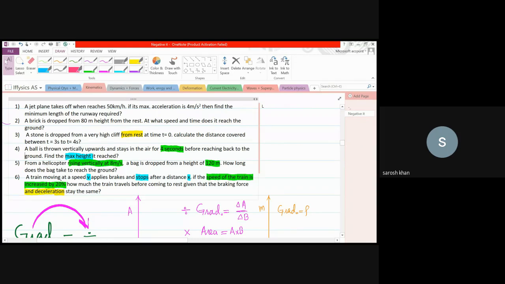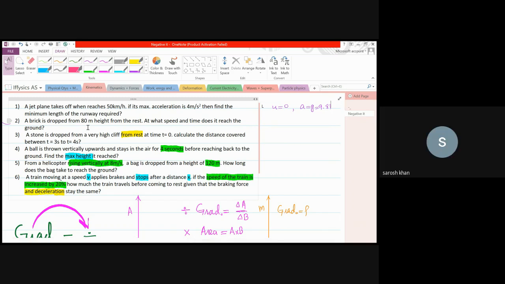We know that initial velocity is zero, acceleration is gravitational acceleration 9.81, and we are given the time. Okay, so which formula did you use?